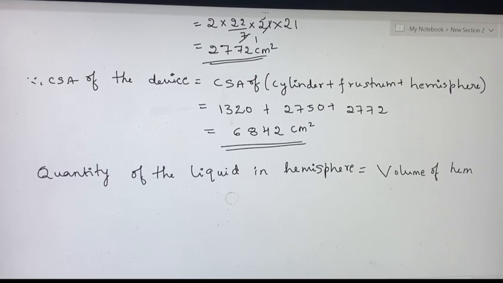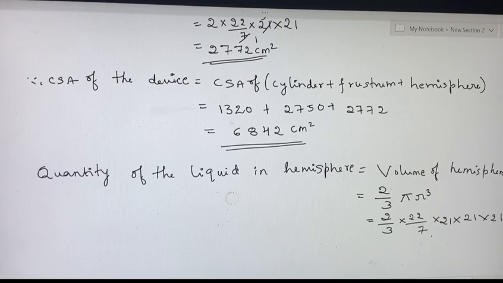We know the formula to find the volume of the hemisphere. What is the formula for the volume of the hemisphere? 2 by 3 pi r cube. So that is 2 by 3, pi is nothing but 22 by 7, and r, the hemisphere radius, is 21. I'll write it 3 times because it is cube: 21 into 21 into 21.